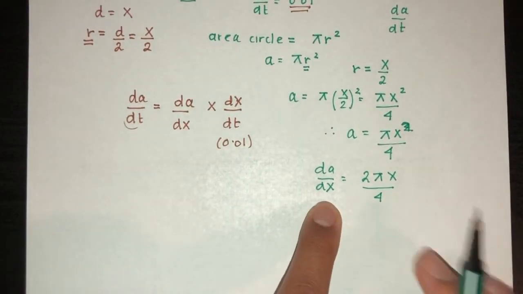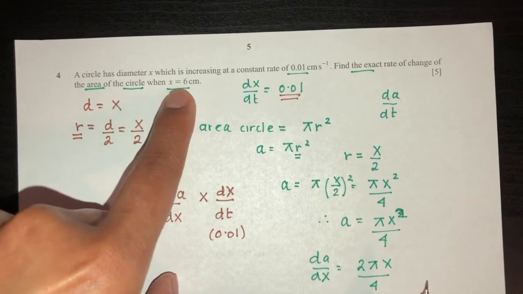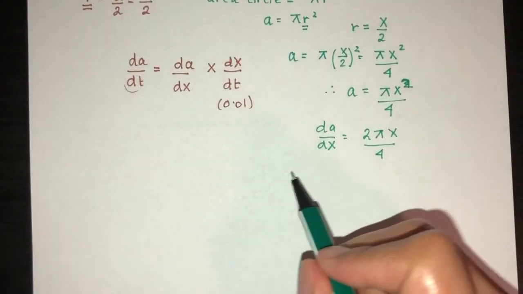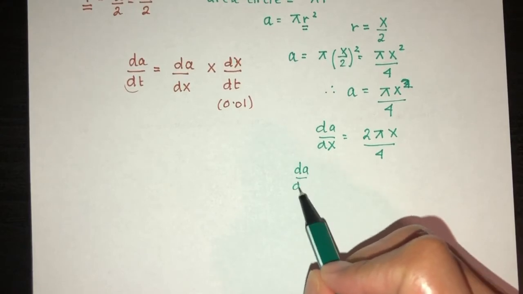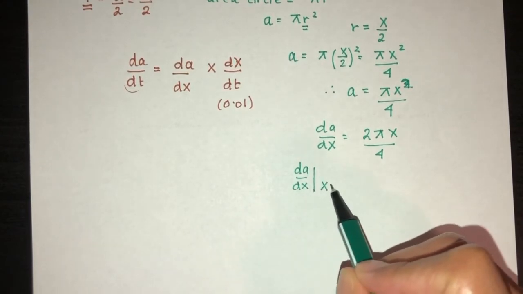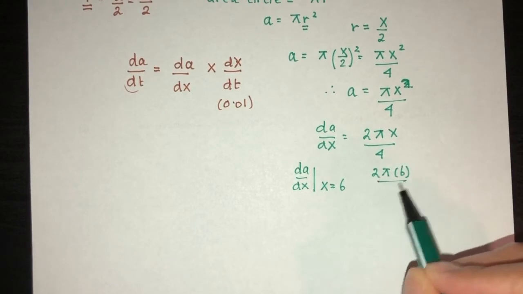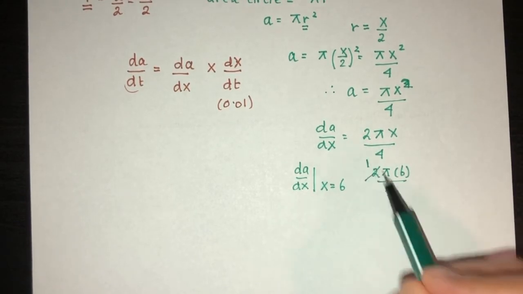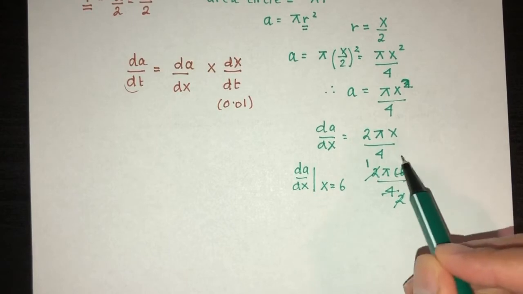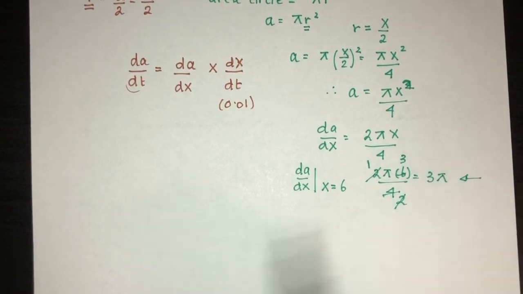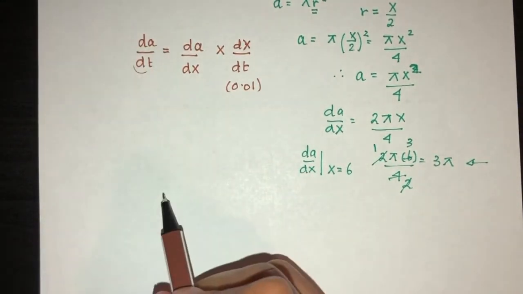Now for this value, we have to find at x equal to 6. So replace that in your equation. So we have to find dA by dx at x equal to 6. That'll be 2 pi times 6 over 4. That'll be 12 over 4, that'll be 3. That'll be 3 pi for the value. So now since we have everything that we need, we can just replace back in your equation.